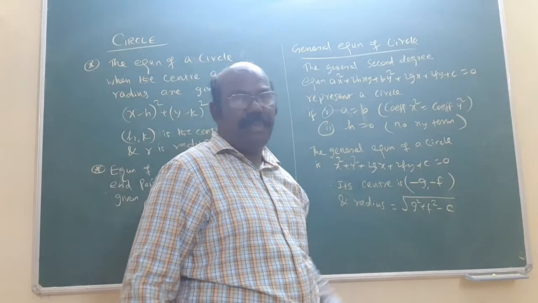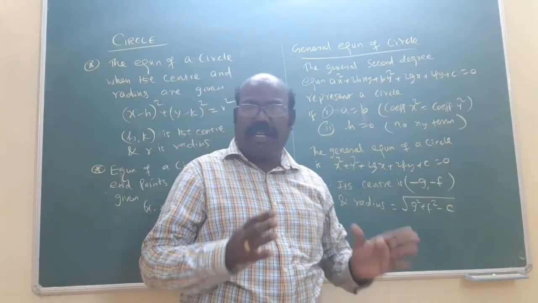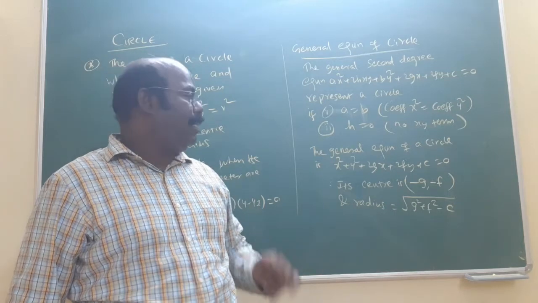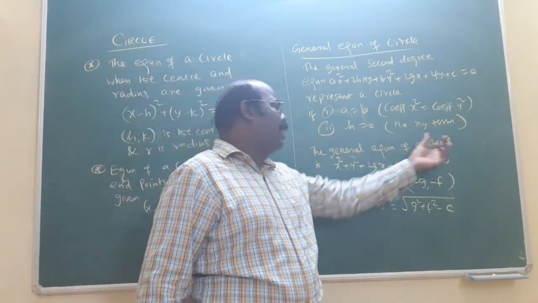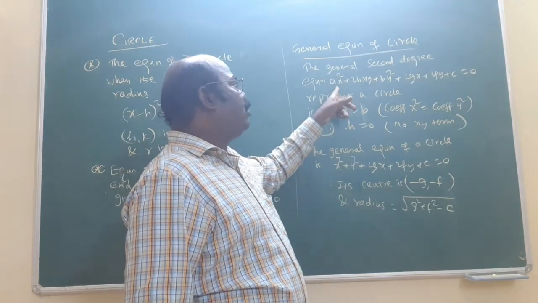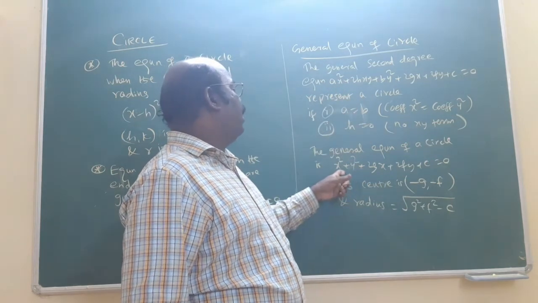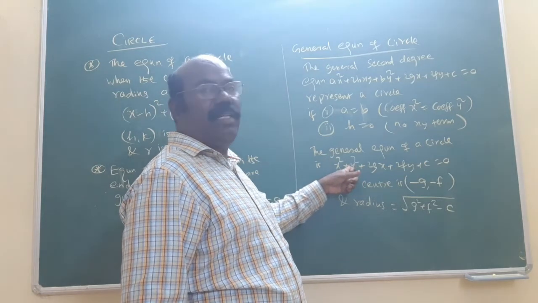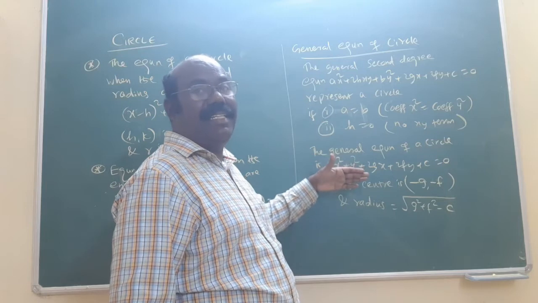No xy term. The x² and y² terms will come, and no xy term means that the equation represents a circle. Here the coefficient of x² is 1, and the coefficient of y² is also 1.